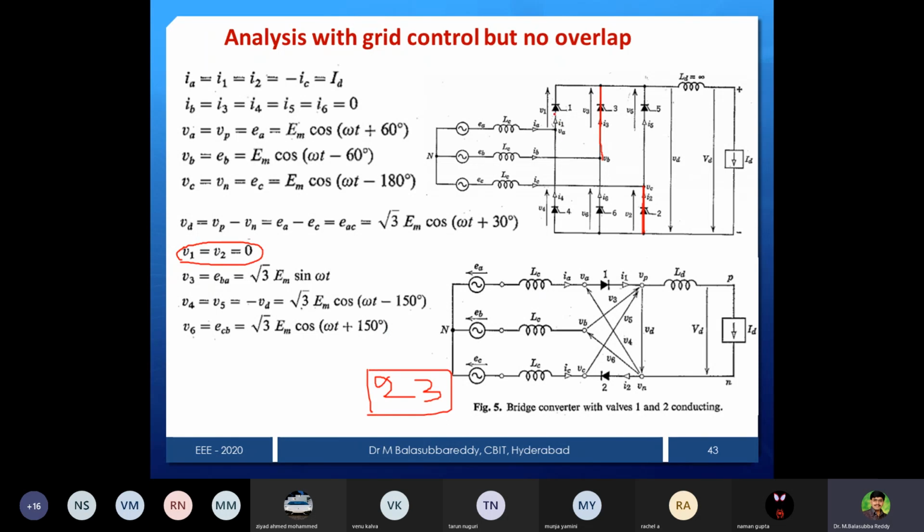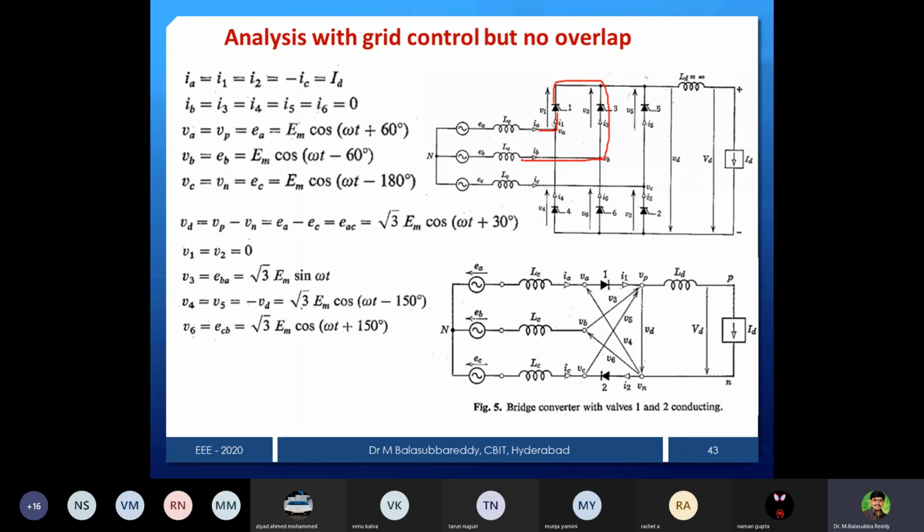For valve 1, the anode is connected to EA and the cathode is connected to this point. You can see that the cathode is also connected to here, VB. Now what is the valve 1 voltage? Anode is VA and cathode is VB, because 3 is conducting.